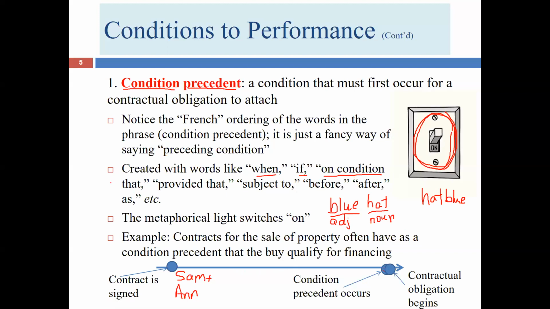On the condition that Anne is able to secure financing, Anne agrees to pay $200,000 to buy Sam's house, that type of language. So it's useful to have these kind of words in your back pocket so that if you're asked to draft a condition precedent, you know what to look for. Alternatively, if you're asked to evaluate or interpret a contract and you see these types of words, those are indications that you might have a condition precedent.